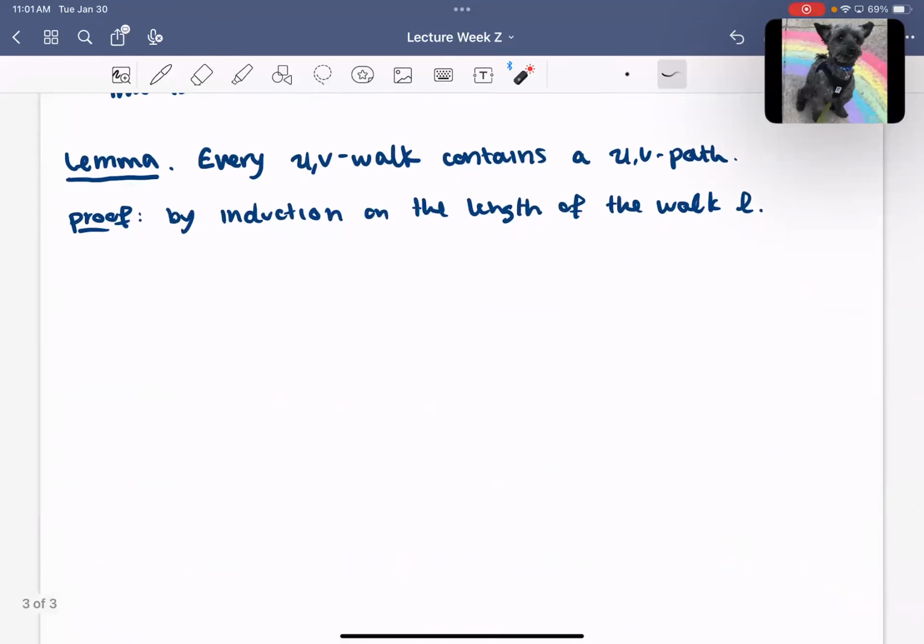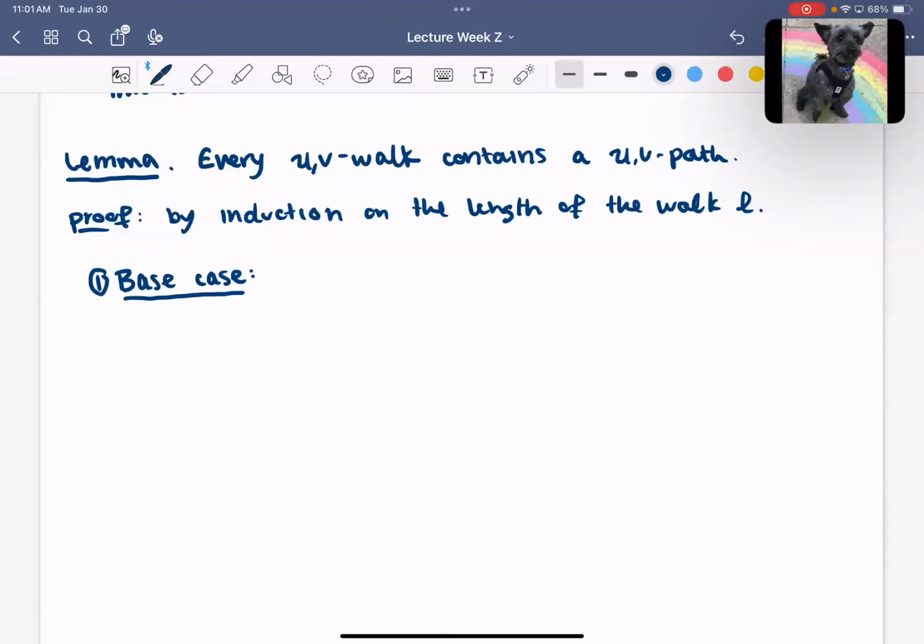Okay, so let's do this proof by strong induction. By the theorem, we just have to show those two ingredients. The first one is the base case. Think about it for a second. What should the base case be? We want to show that for some length L, every walk of length L contains a path.